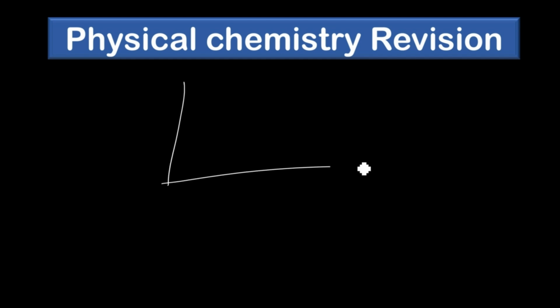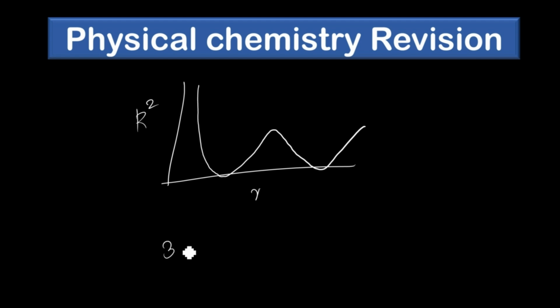If they give you this type of picture and ask you for the number of nodes, how can you find it? This is a graph between R square and R. This is for 3s. So 3 is the shell, and if you substitute, 3 minus 1, the total node is 2. You can see the cuts over here on the axis.